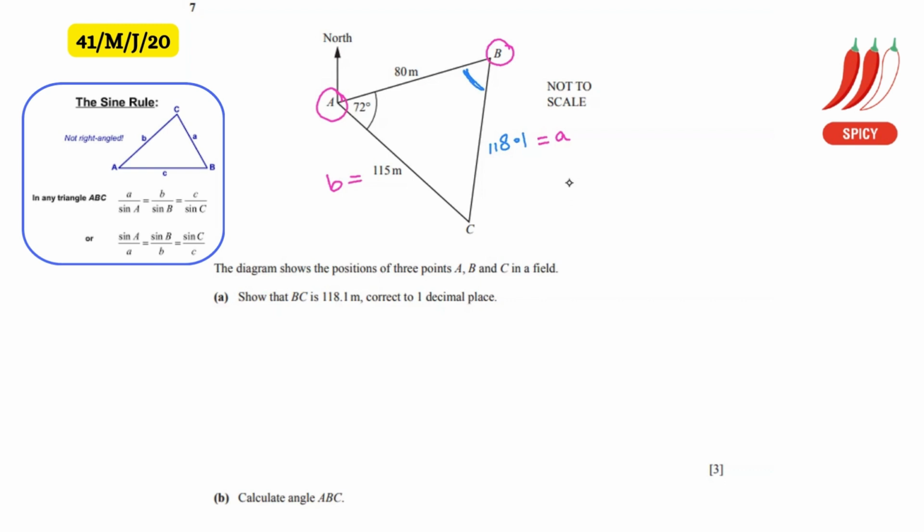So that's going to be 118.1 divided by sine 72 equals 115 over sine of angle B. Cross multiply. So sine of angle B equals 115 times sine 72 divided by 118.1.